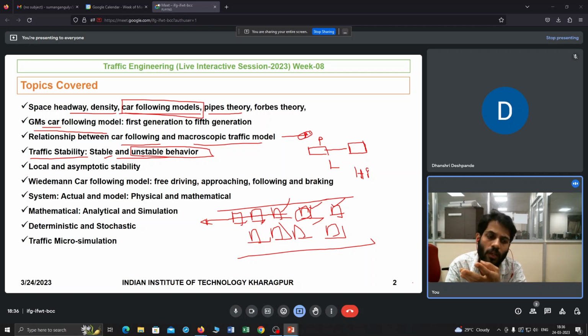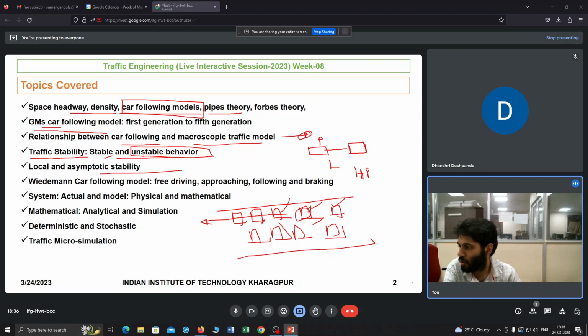I saw on TV at least 5, 6 or 7 vehicles colliding within a fraction of seconds. So you can imagine this kind of asymptotic instability may occur due to different reasons.